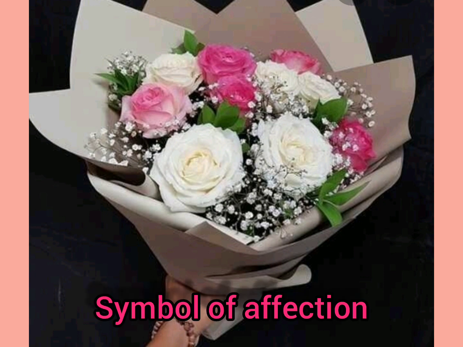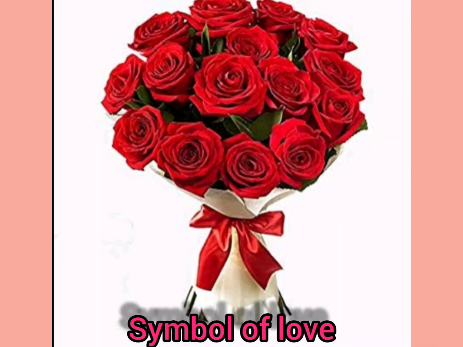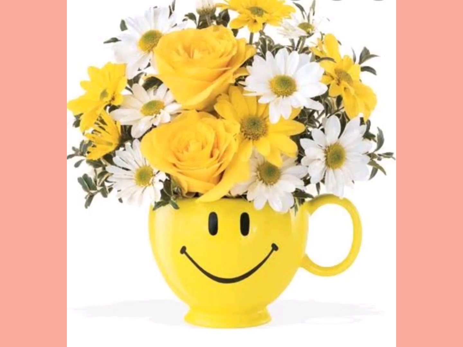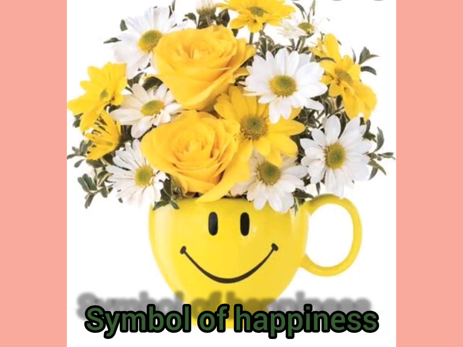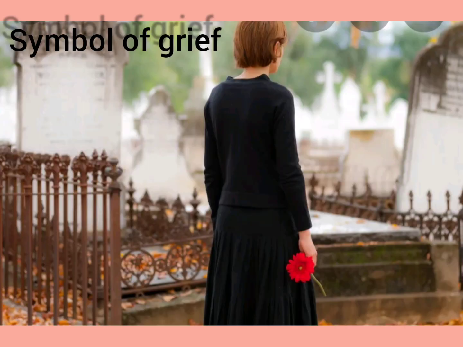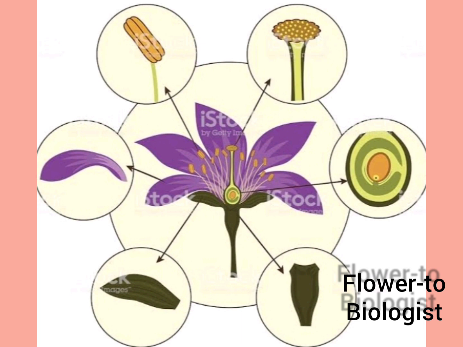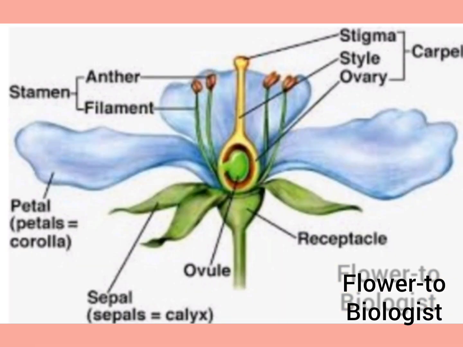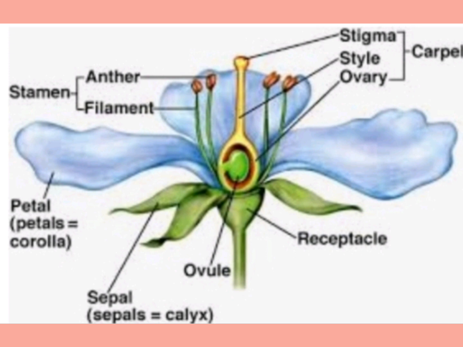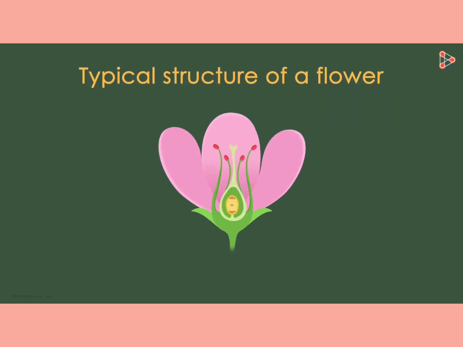Flowers have always been used as symbols for conveying feelings like love, affection, happiness, grief, mourning, etc. Let us see what flowers are to a biologist. To a biologist, flowers are morphological and embryological marvels.